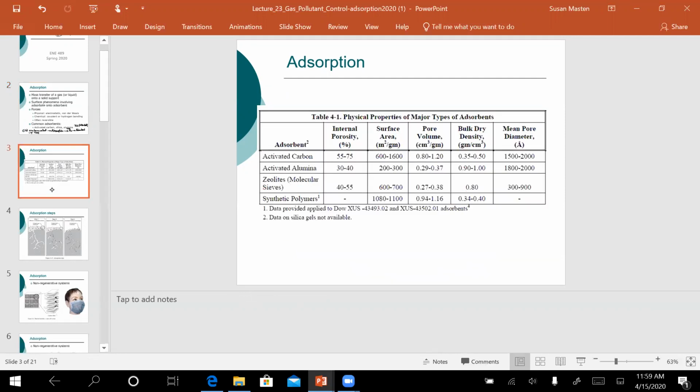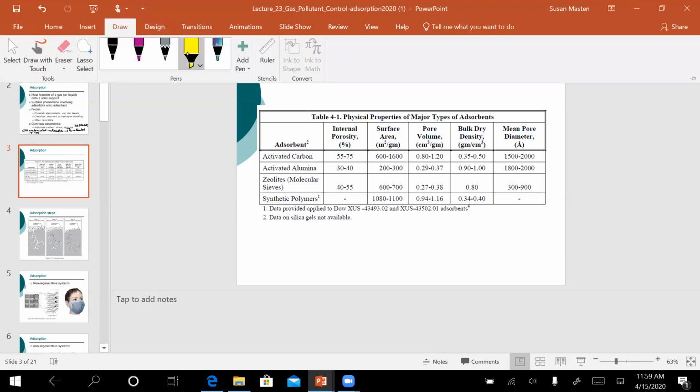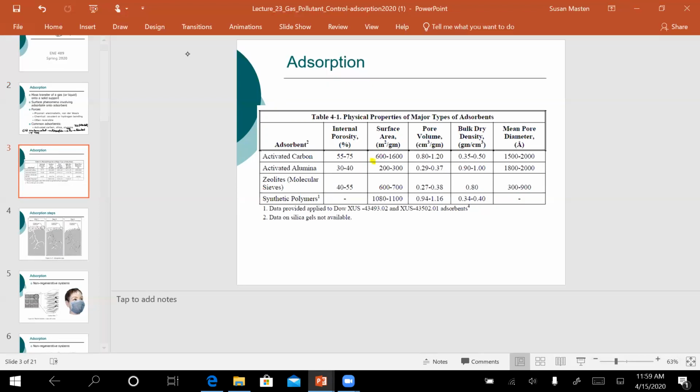Now, these sorbents are actually very effective because of the large surface area. Typical activated carbon has a surface area of about 600 to 1600 meters squared per gram.